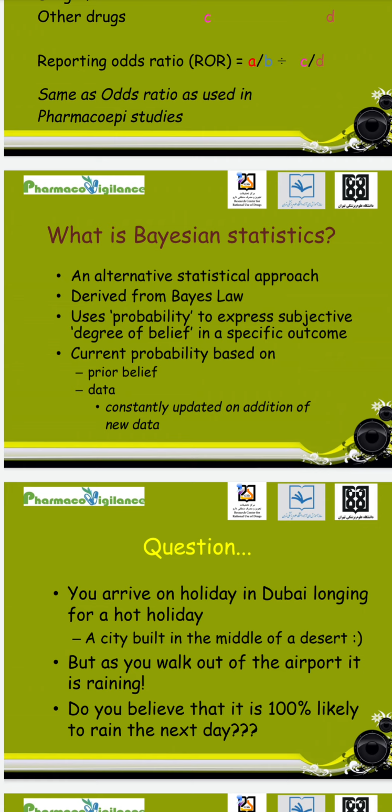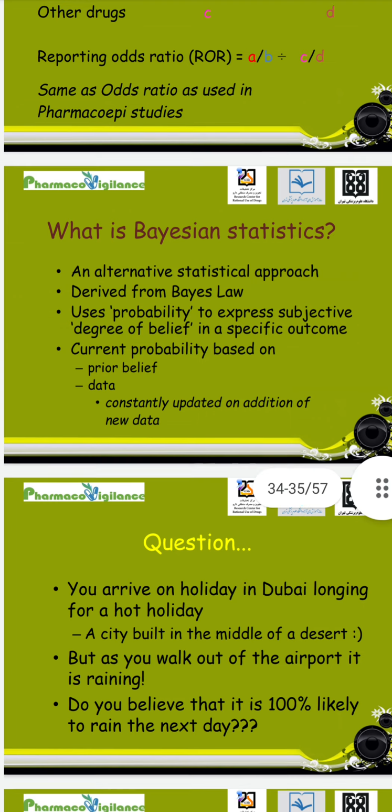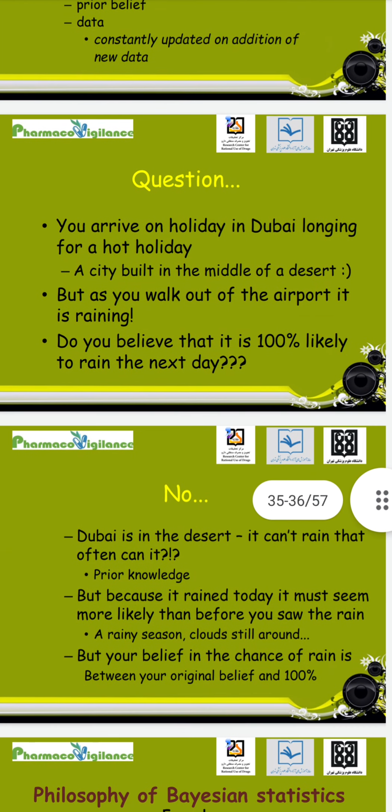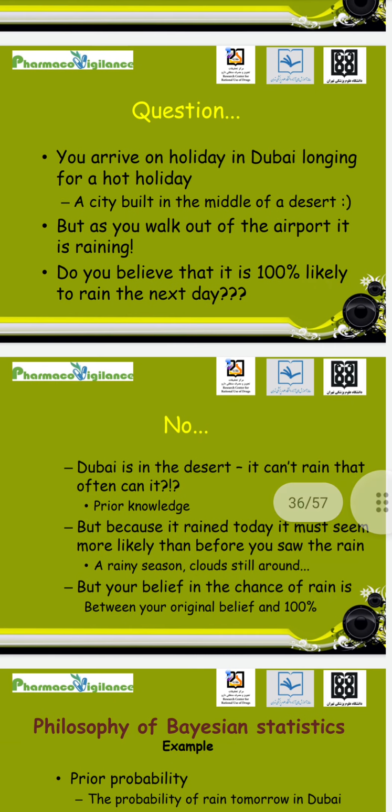Question: you arrive on holiday in Dubai, longing for a hot holiday in a city built in the middle of the desert. But as you walk out of the airport, it is raining. Do you believe it is 100% likely to rain the next day? No. Dubai is in the desert.